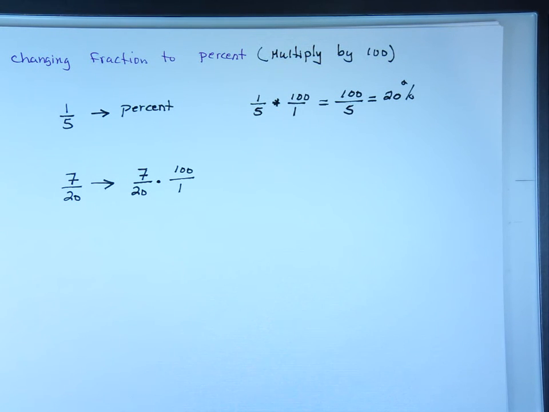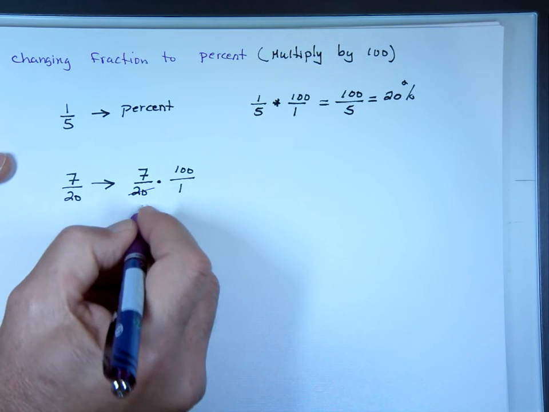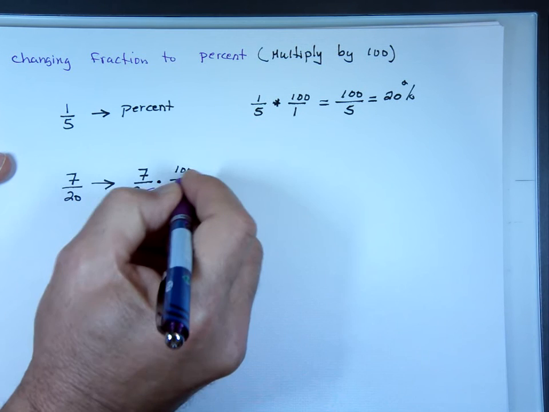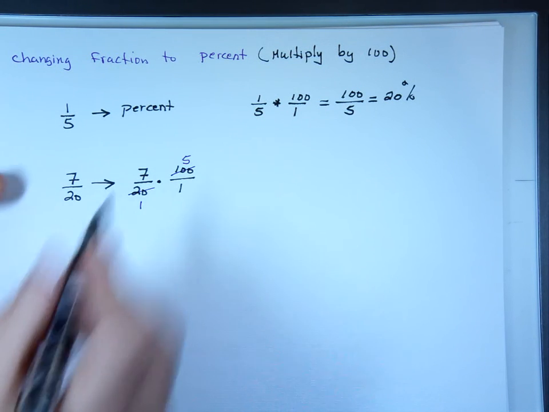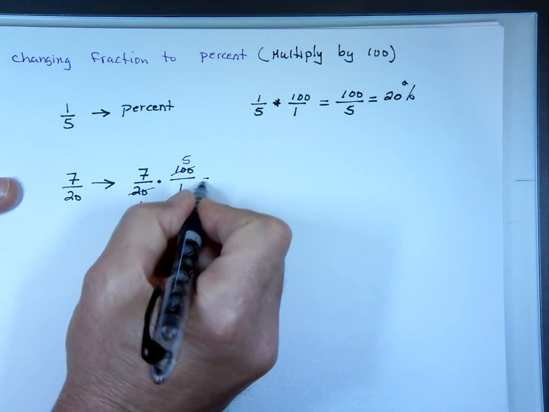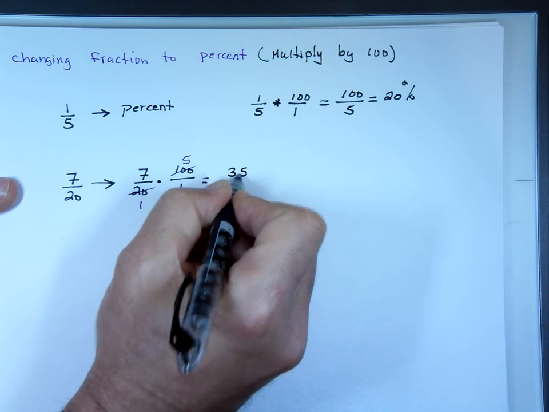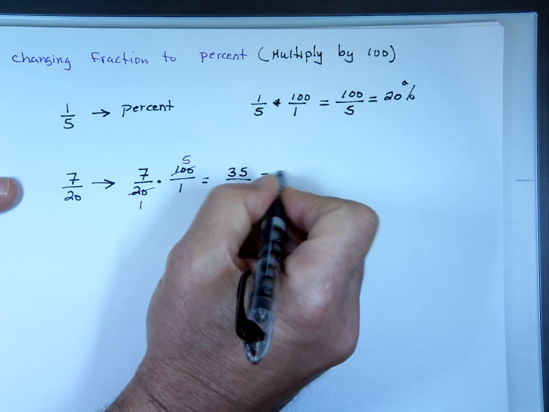And what was the other option? Simplify first, then multiply. So it might be easier if I simplify first. By 20, this is what? 1. By 20, this is 5. Now let's multiply. 7 times 5, 35 over 1, which is what? 35%.